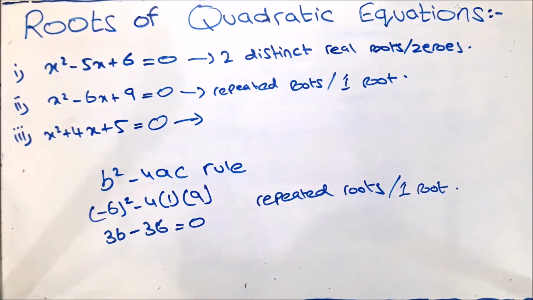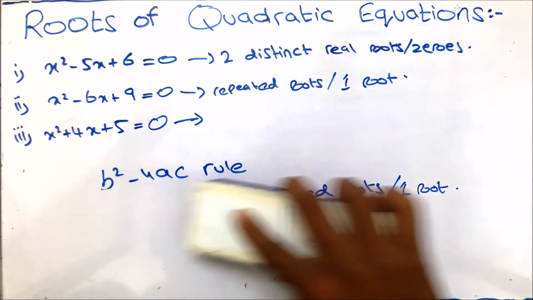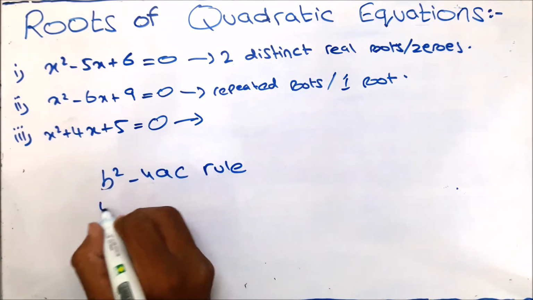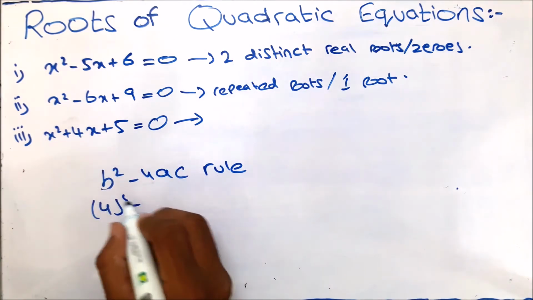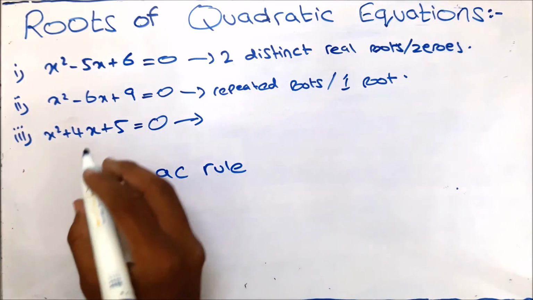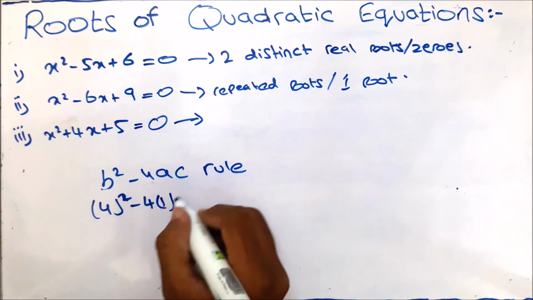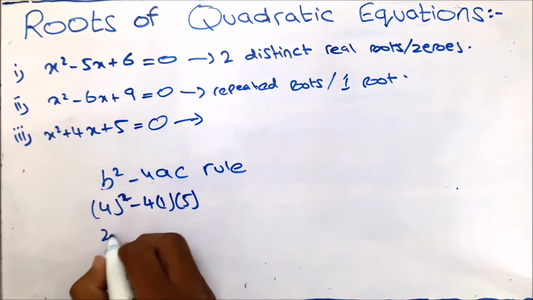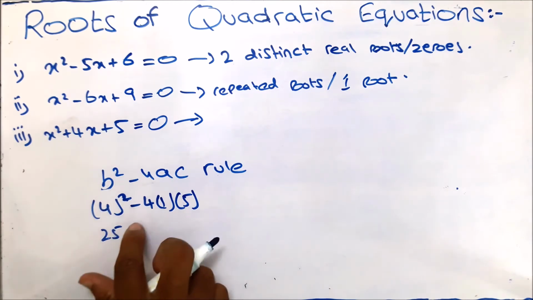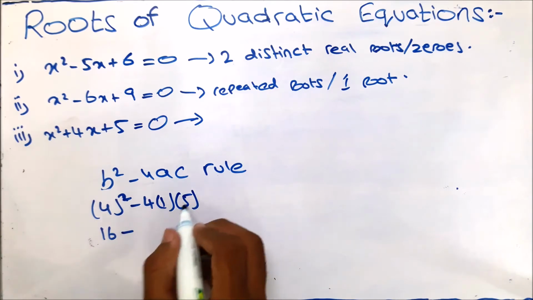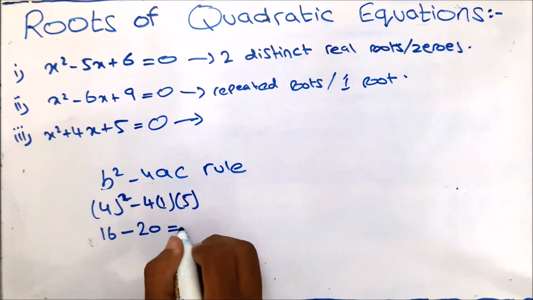Okay, now let's solve the third example. Our b squared is 4 squared, minus 4 times a, which is 1, and c is 5. 4 squared is 16, sorry, 16 minus 4 times 5 is 20.